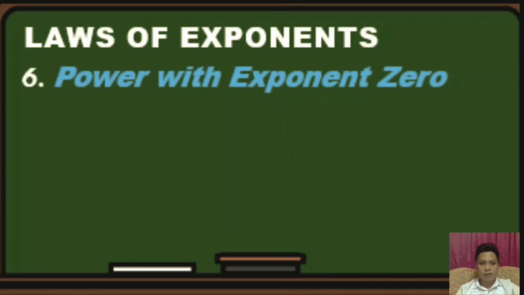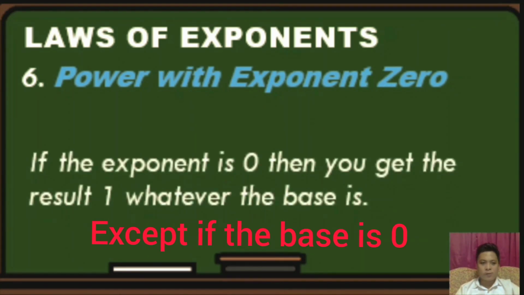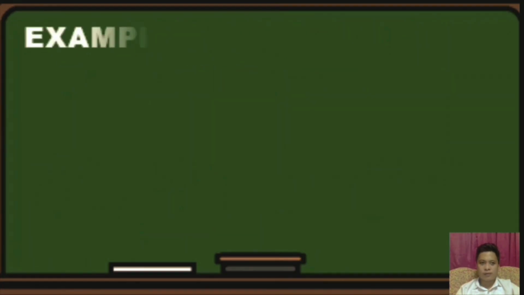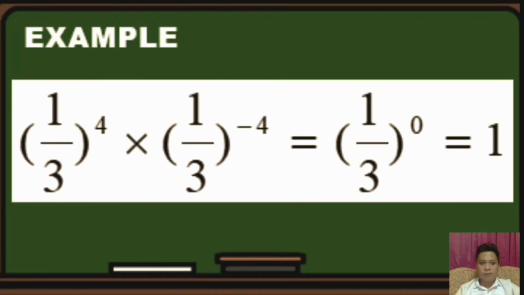Number 6. Power with exponent 0. If the exponent is 0, then you get the result 1 whatever the base is. Example, 1/3 raised to 4 times 1/3 raised to negative 4, then that is equal to 1/3 raised to 0.